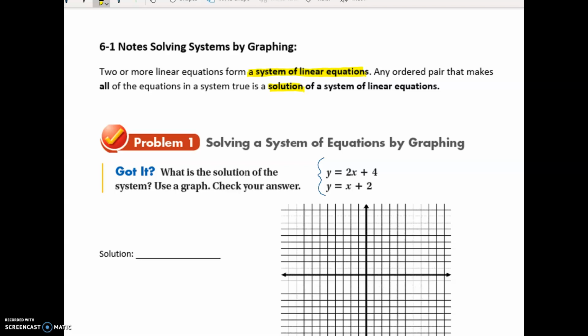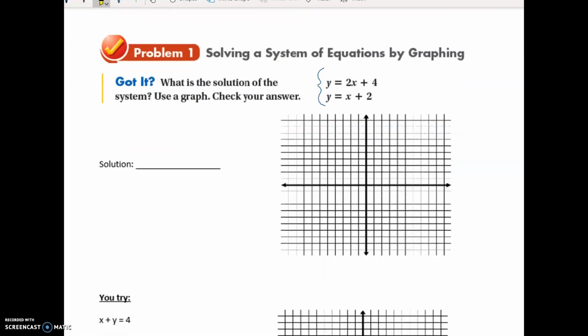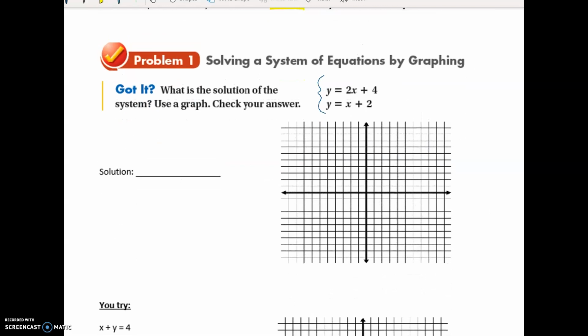So in this first problem, we're going to be solving by graphing, and we're going to be finding the solution of this system. Sometimes in a system, they will put a bracket around it to show that they go together. Sometimes not. So we'll just see how it goes there.